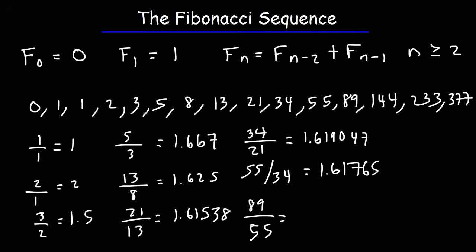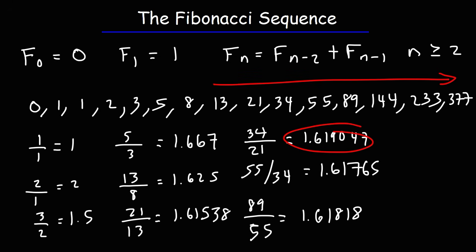So looking at, well, this is going to be 1.618 repeated. So looking at these numbers, as this sequence progresses, what is the ratio of the successive term by the previous term? Notice that it's approaching 1.618.